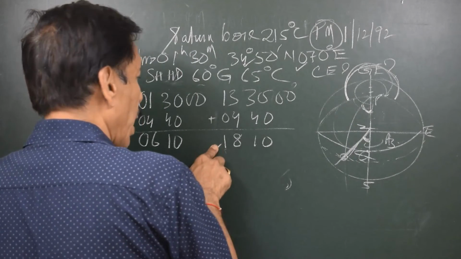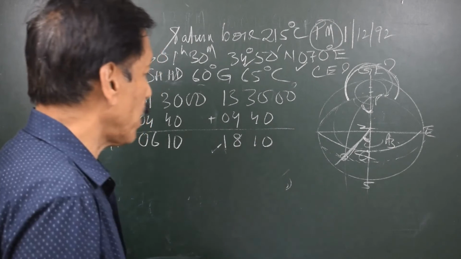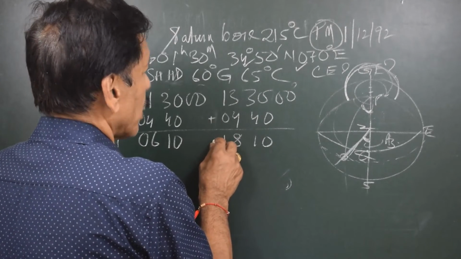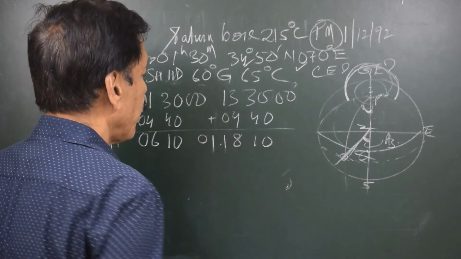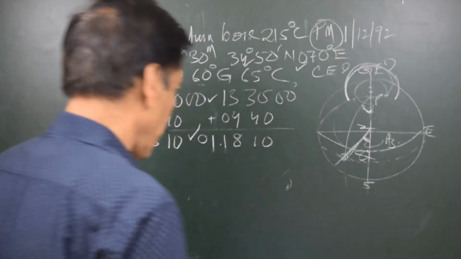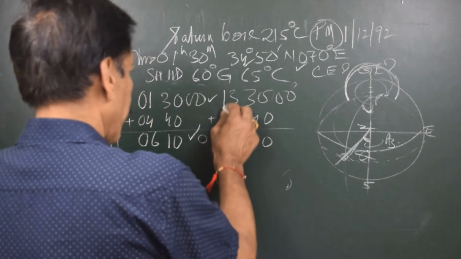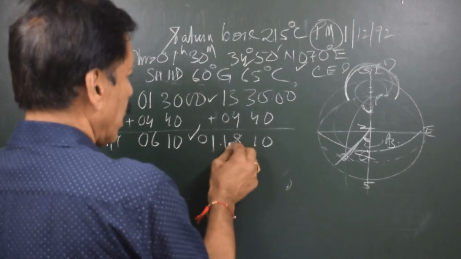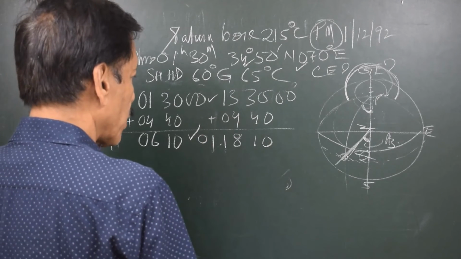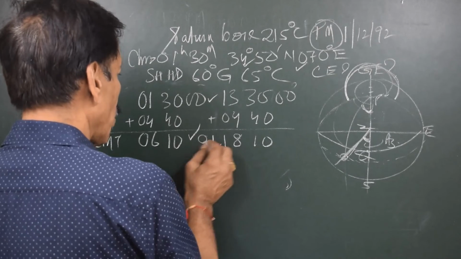When I decide that this is the correct LMT, I will put the date in question here for the first time. So the date in question is the first. On the basis of this date, I will decide the date of GMT. You can see that from 13 when I move to 15, the date is not changing. It is on the same date. So can I say that GMT is also on the first?